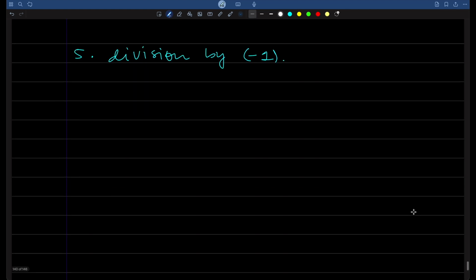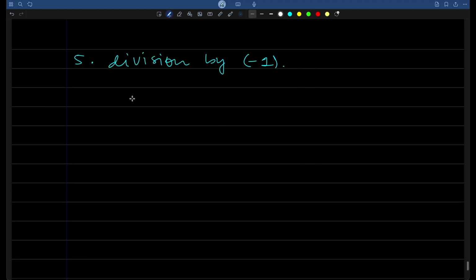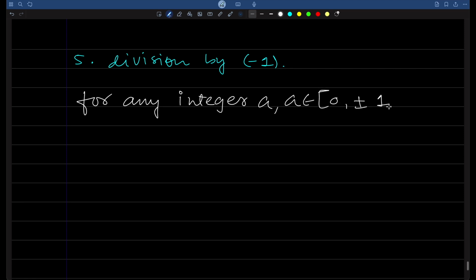Now let's see the next property, division by minus 1. For any integer a, that is a belongs to 0, plus or minus 1, plus or minus 2 and so on, a divided by minus 1, that is equals to minus a.